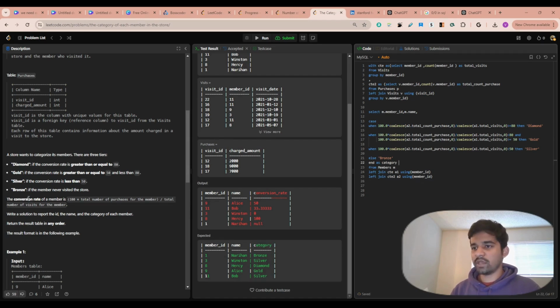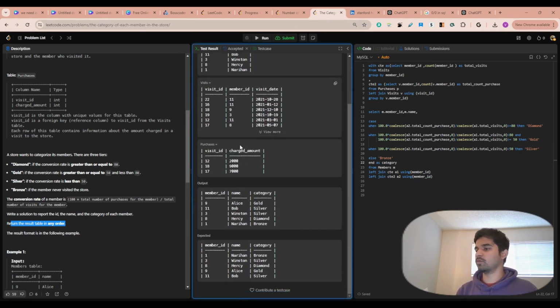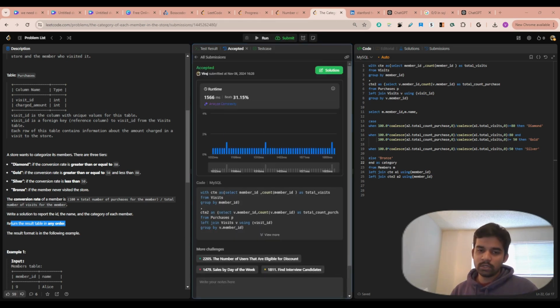The problem has stated that we could return the output in any order. Okay, from members left join MCT. Okay, this should work with no problem. Perfect, yeah, perfect.